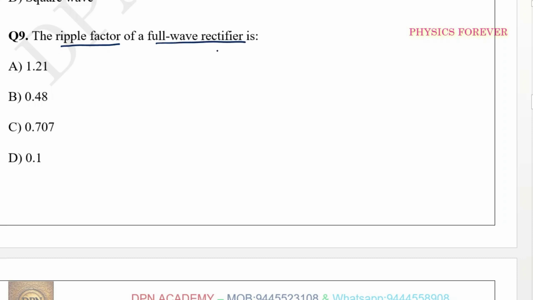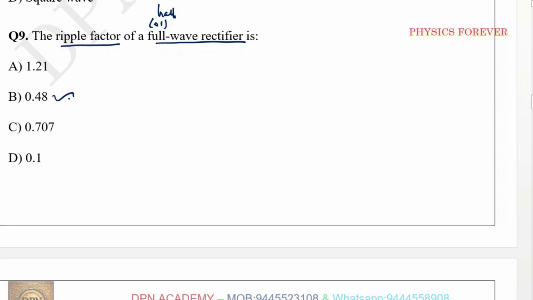12th லையும் கண்டிப்பா ஒரு question வரும், even PG syllabusலையும் கேட்டிருக்காங்க. What is the ripple factor for full wave rectifier, or question may be half wave rectifier கேட்கலாம். Okay, அப்போ what is the answer for full wave rectifier? 0.48.